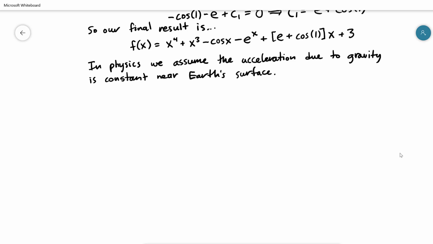We've talked about this before. If you're taking a physics class, you'll be familiar with these numbers. If you're doing it in meters, it's 9.8 meters per second squared. If you're doing it in feet, it's about 32 feet per second squared.